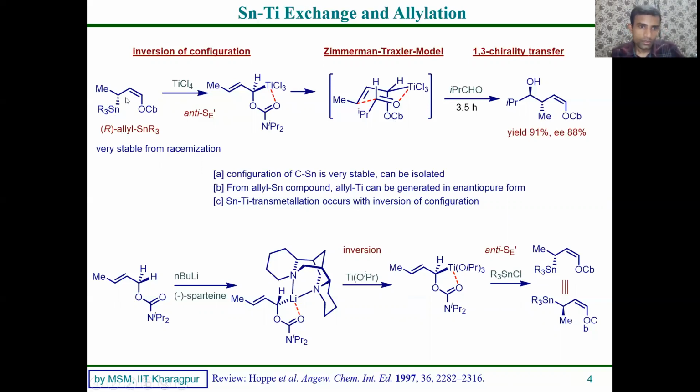Once you have made it, in situ you can generate from here the allyl titanium compound. Again here it undergoes anti SE prime reaction, so titanium goes opposite to where the tin is, on the opposite face. These can be reacted with the aldehyde to give the allylation product with excellent yield, 88% yield, and the other yield is 91%.